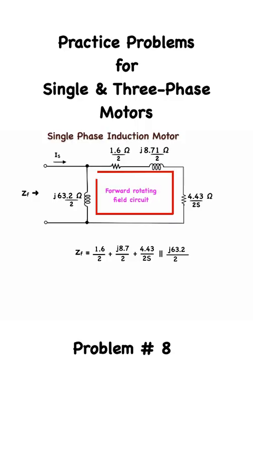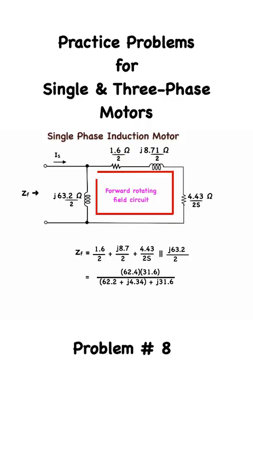Working out the series parallel combination, we get 62.4 times 31.6 divided by 62.2 plus J 4.34 plus J 31.6.